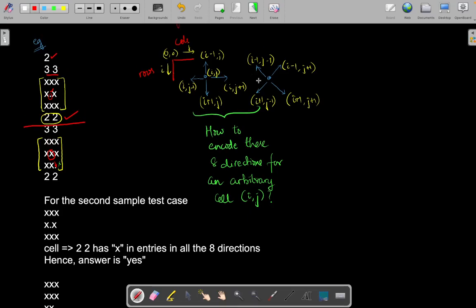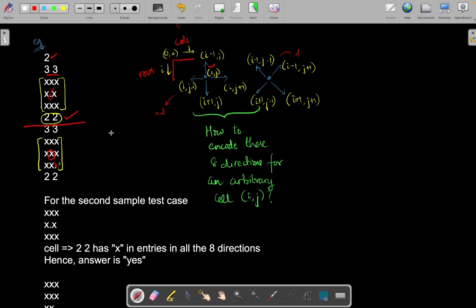So let's imagine we are standing at some arbitrary index ij, and the eight neighbors are these types of cells. The first category is the non-diagonal neighbors, and the second category is the diagonal neighbors.